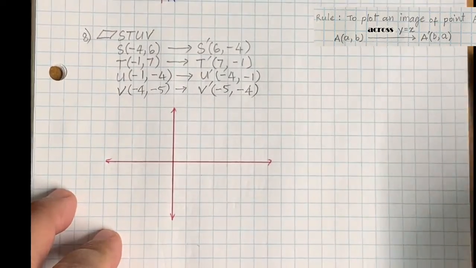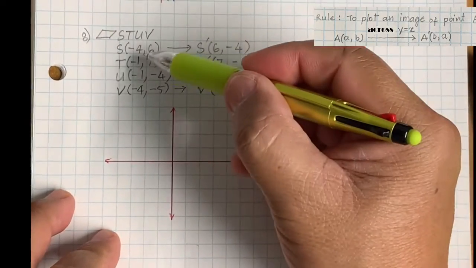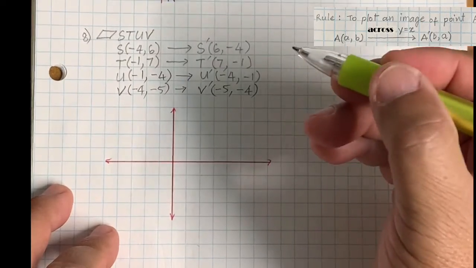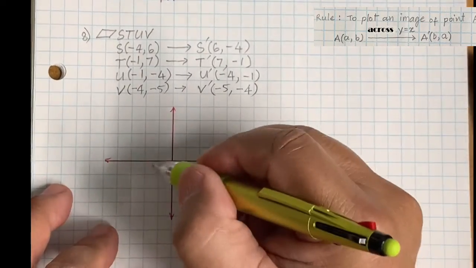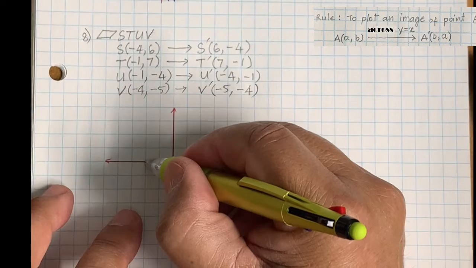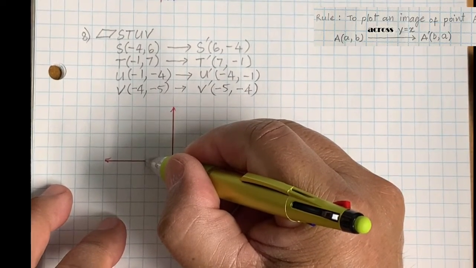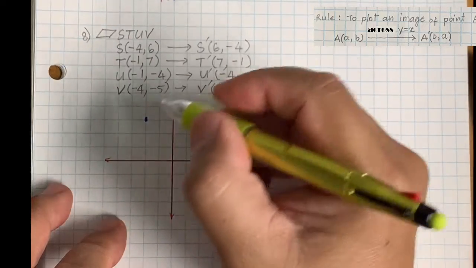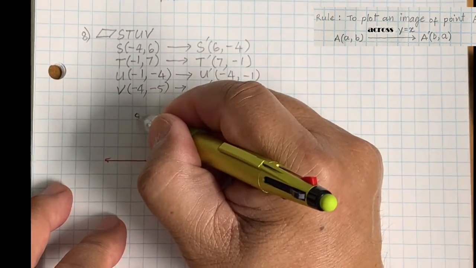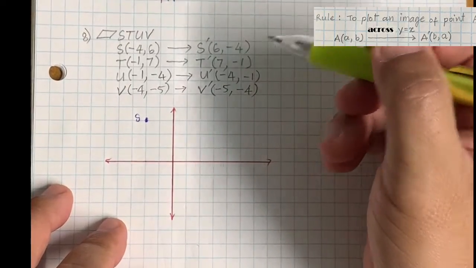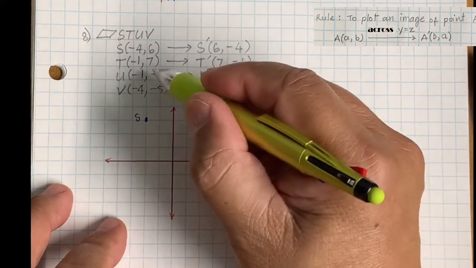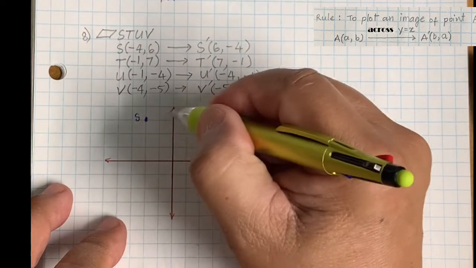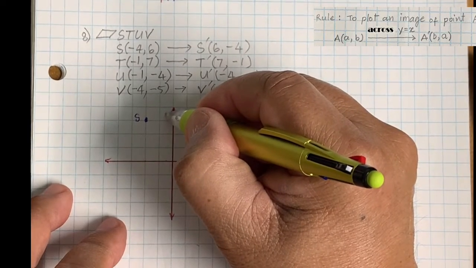So let's do the original figure first. S is negative 4, 6. So negative 4 is right here, 6 up there. So this is S. T is negative 1 and 7, so negative 1, 7 is right here.